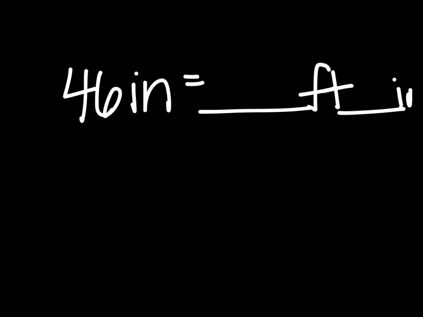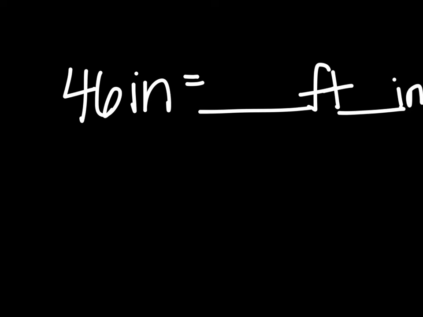So now that we have that in our piggy bank of knowledge, we're going to just do some examples. Let's say I wanted to convert 46 inches into a measurement of feet and inches, what should I do? If I go back to my measuring chart, I know that there are 12 inches in 1 foot.